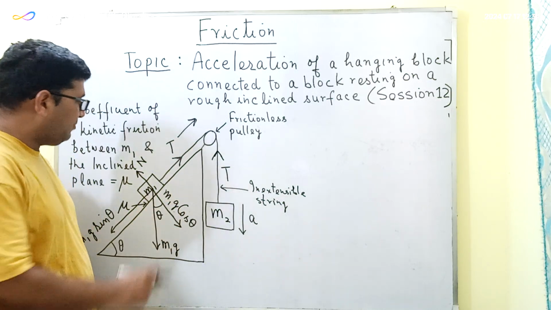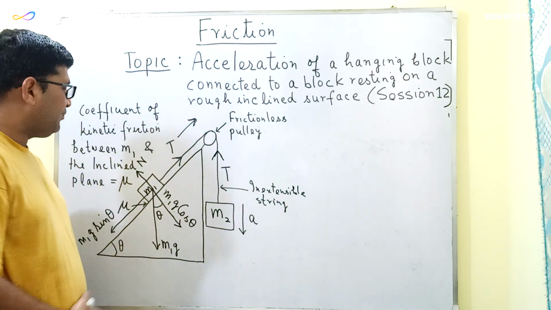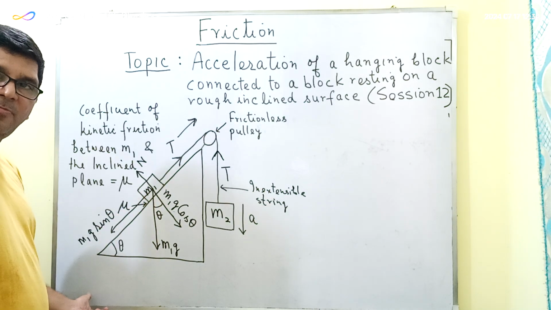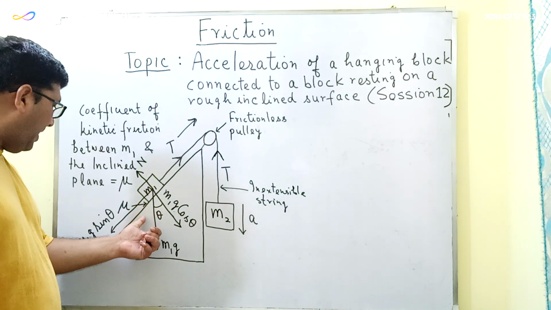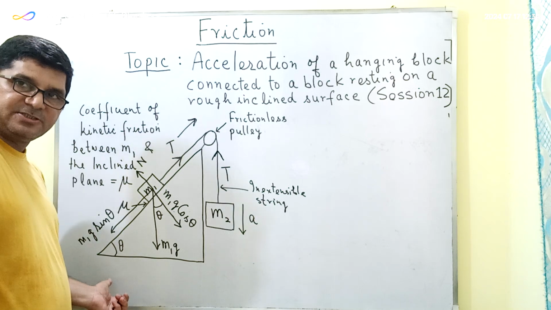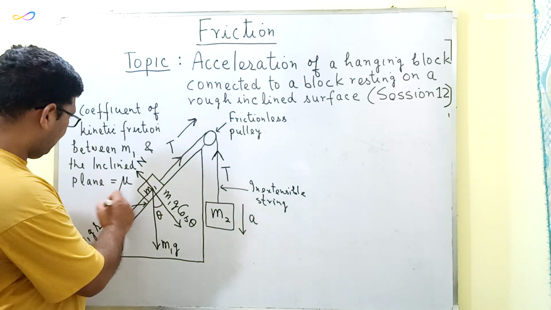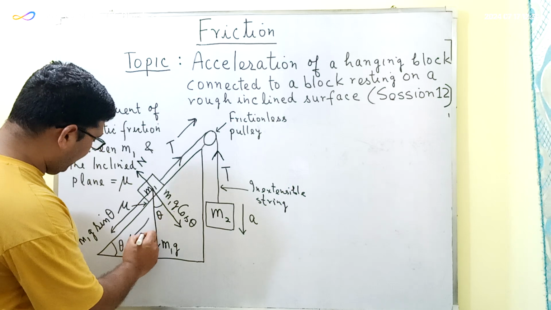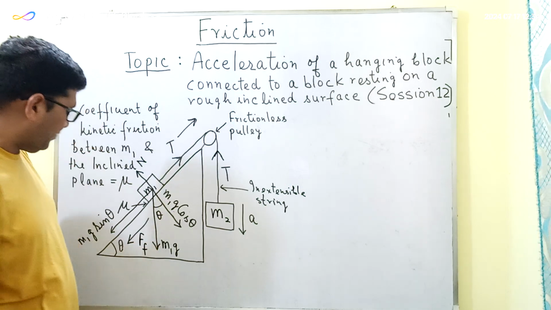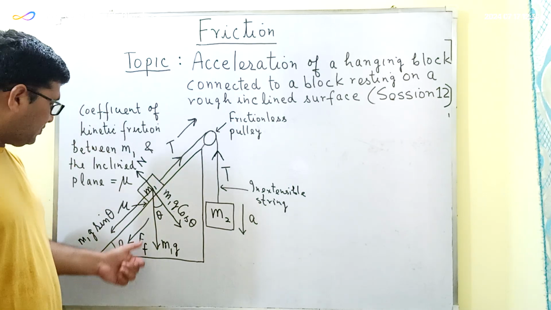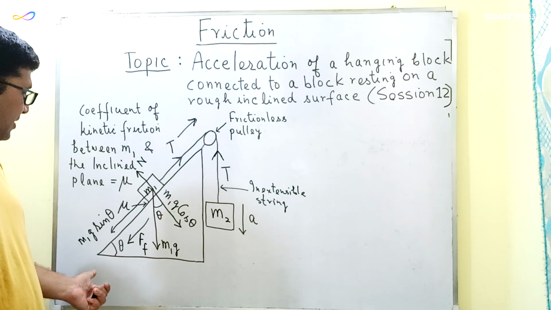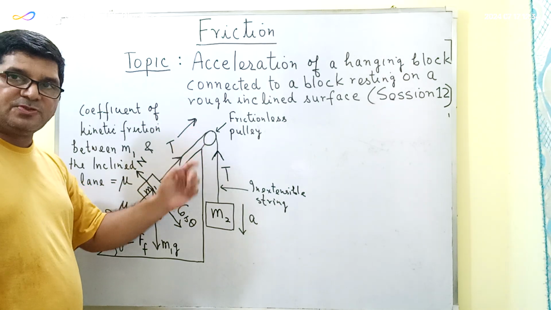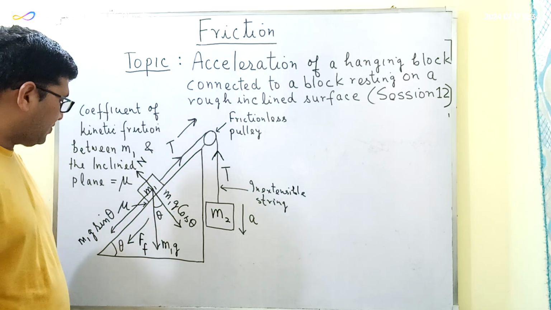If the block is moving in this direction, the force of friction will be acting in the backward direction, or you can say down the plane, and here I am indicating the force of friction as Ff. So this force of friction will be acting down the plane because this block is moving up the plane, and the force of friction opposes the relative motion.